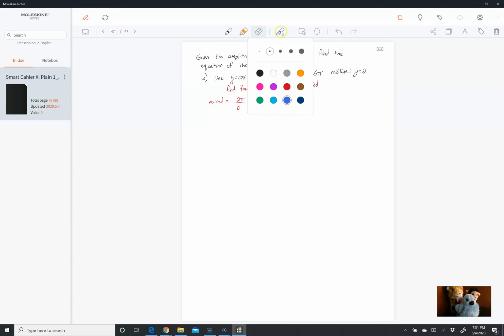Then we just cross multiply because that's going to tell us what our frequency is. So we get from here 2 pi is equal to 6 pi times b. Now we need to solve for b, so we're going to divide both sides by 6 pi. Here the 6 pi's cancel, and here the pi's cancel.